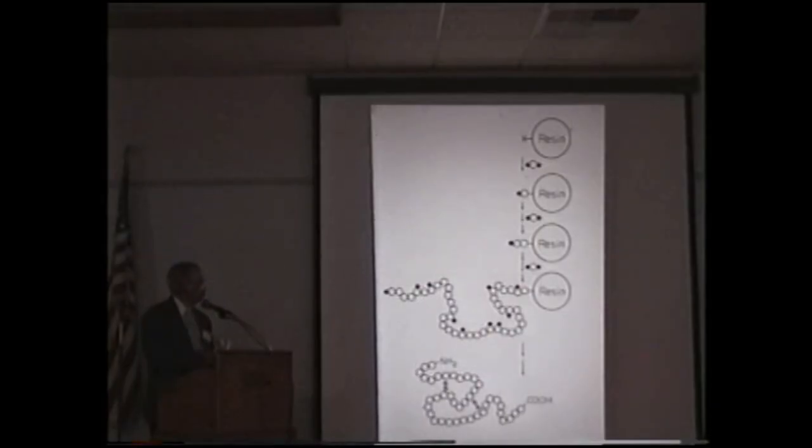So if I could go through it briefly, we start with a solid particle, some resin, and put a functional group onto it, so it's reactive. Then take our first amino acid and attach it, and this is a covalent stable bond here. Then you remove a temporary protecting group, and you can add the next monomer unit, another amino acid, to make a dipeptide.